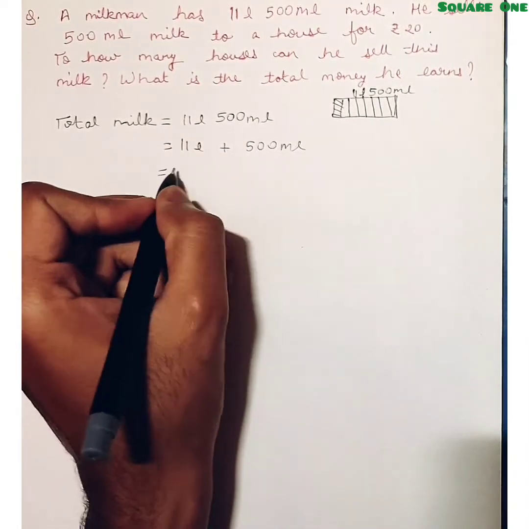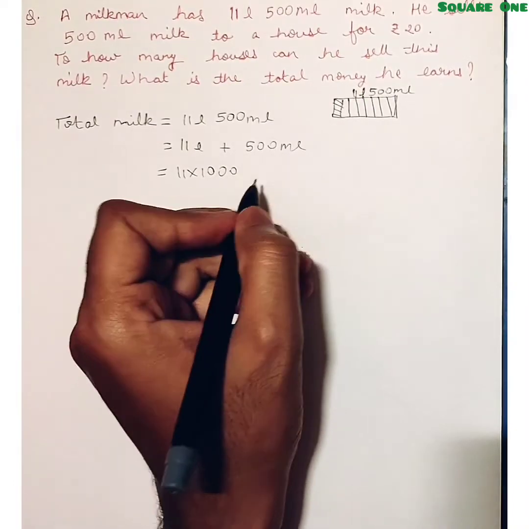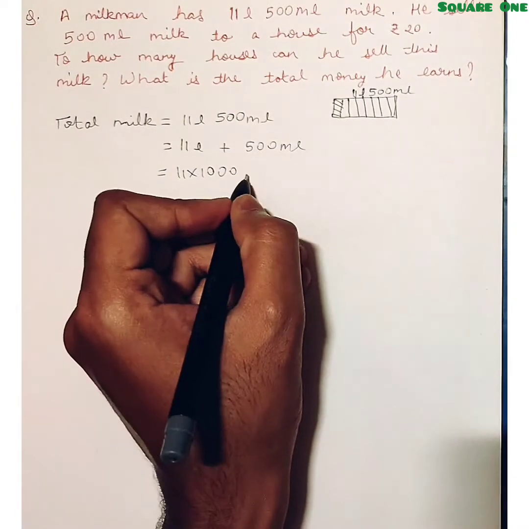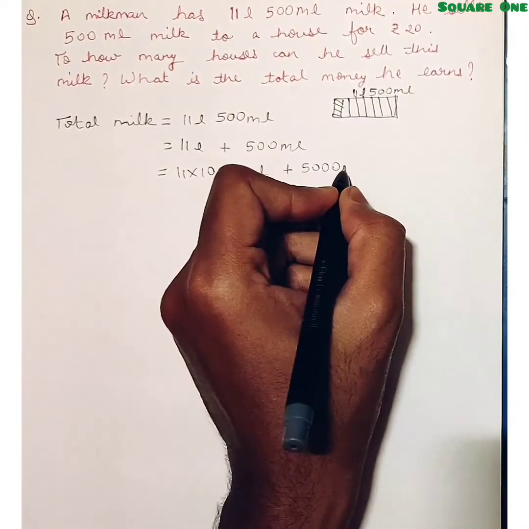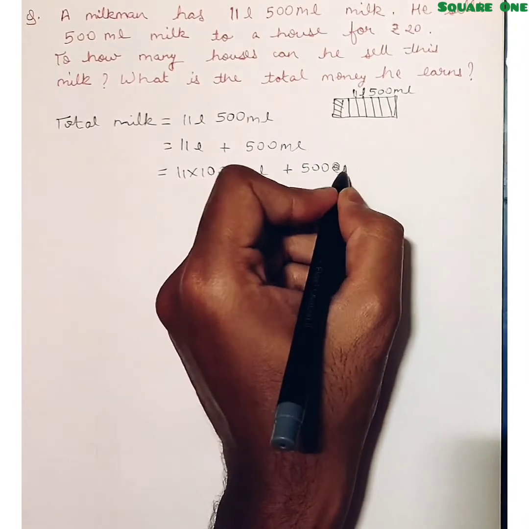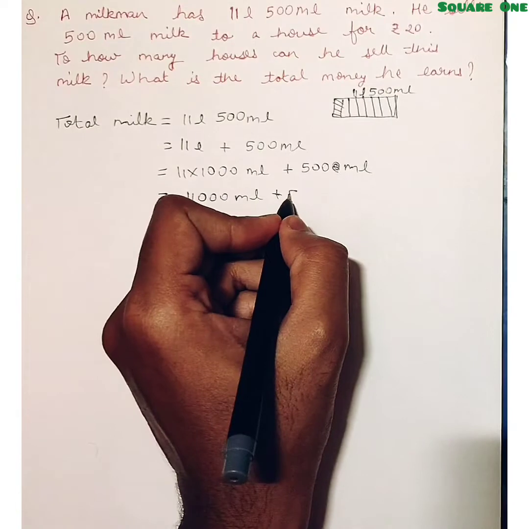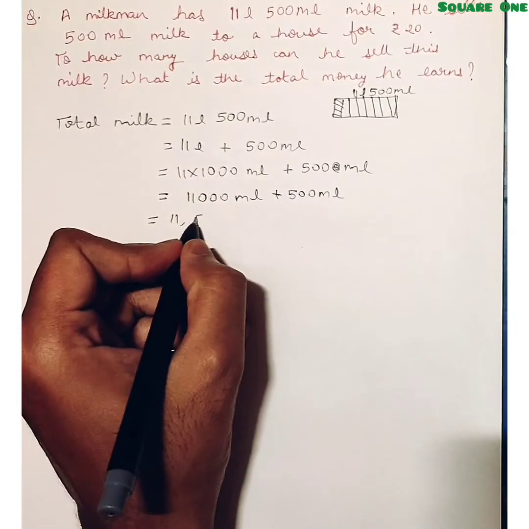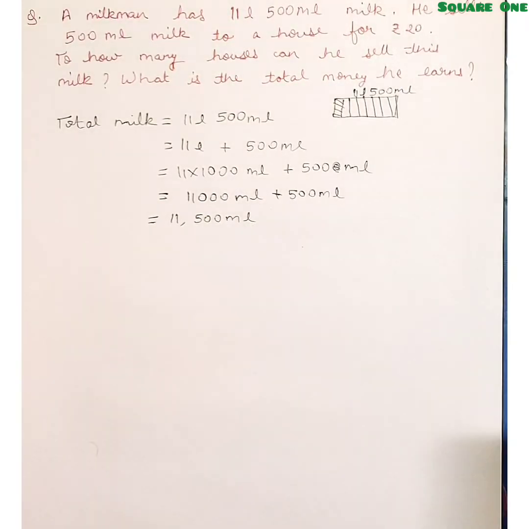We convert this liters into milliliters, so we multiply it by thousand, since liters is 1000 times greater than milliliters. So this will be 11,000 milliliters plus 500 milliliters, and it becomes 11,500 milliliters. So this is the total milk he has.